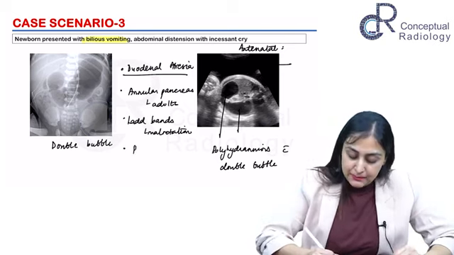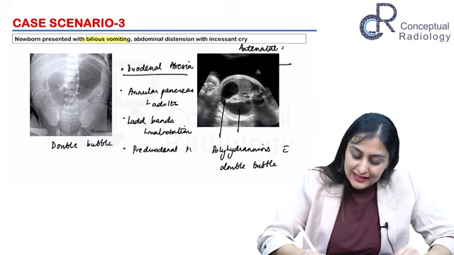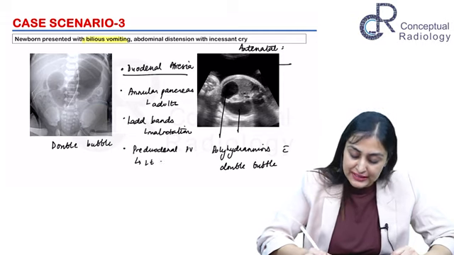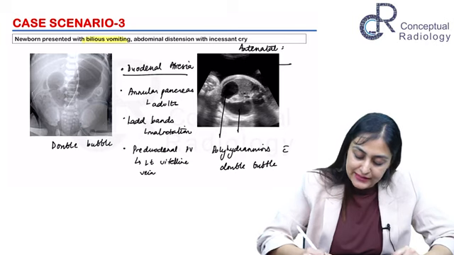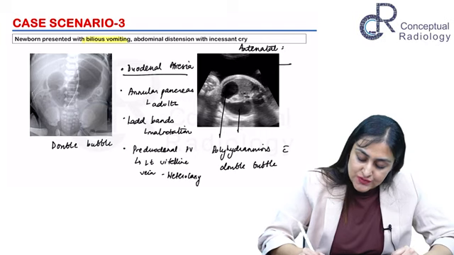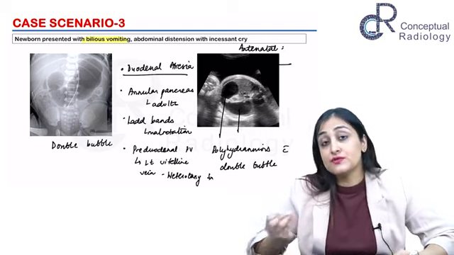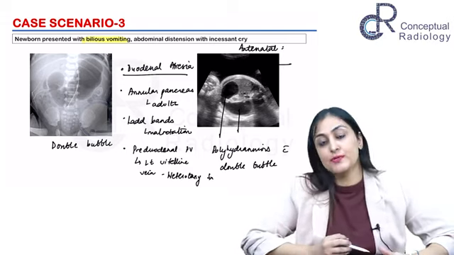The anomaly is a pre-duodenal portal vein. This is an anatomical variant which is thought to be a persistence of the left vitelline vein. This is a remnant of the left vitelline vein, and this is frequently associated with heterotaxy syndromes, right? Where you have situs issues, that is where you're going to see this variant wherein the portal vein courses anterior to the duodenum and ends up obstructing it.